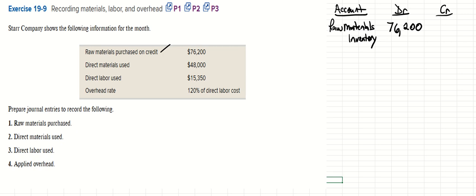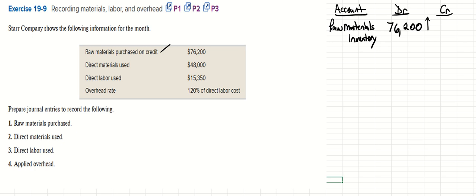So this is specifically an inventory account, which means that since raw materials was purchased, this is going to be an increase in inventory, which means that debiting it is increasing the balance in that account. So I'm going to draw an arrow right next to the $76,200.